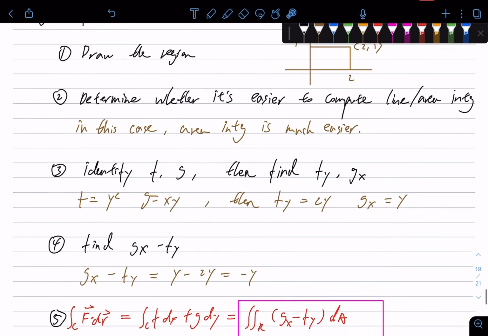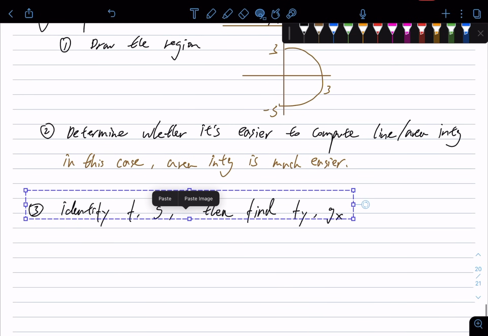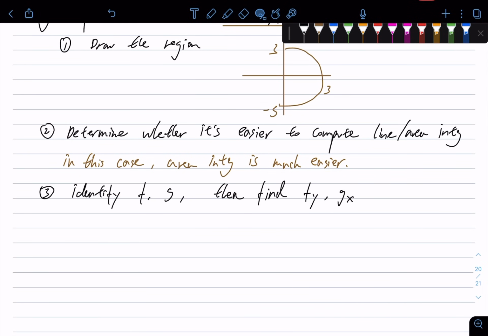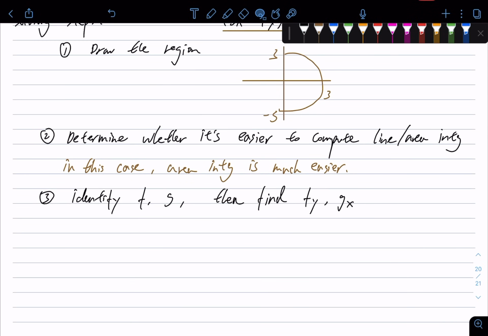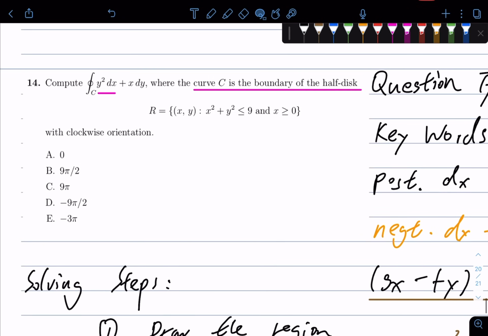So we're going to just go ahead and repeat the same thing. We're going to identify f and g, and then find fy and gx. In this case, f will always follow the dx term, and g will always follow the dy term in the circulational form.